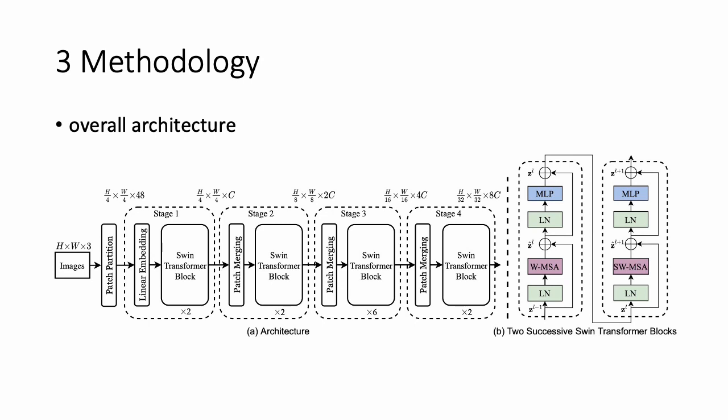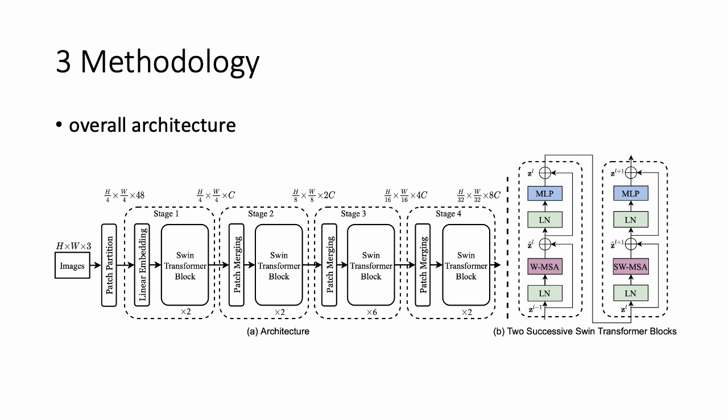If we want to obtain multidimensional feature information, we need to build a hierarchical transformer, which means that an operation like pooling in convolutional neural networks is needed. To create a hierarchical representation, a patch merging operation is introduced to concatenate the features of each group of 2x2 neighboring patches.